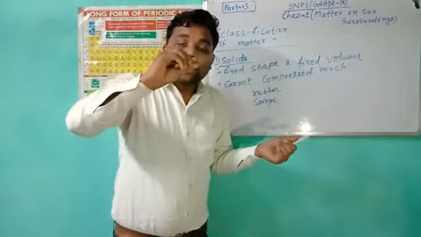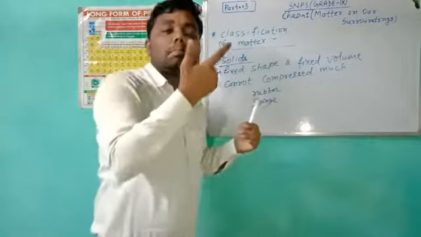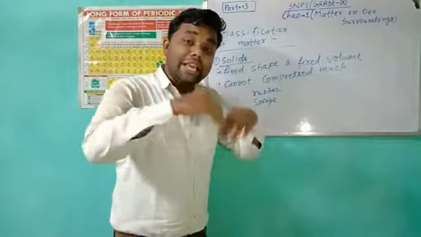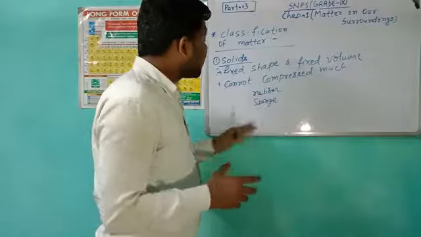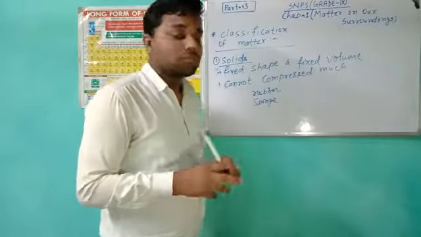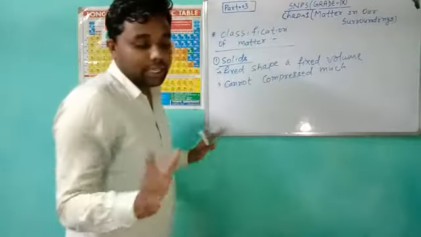When we release the force, after some seconds it gains the air again. So we can say that a sponge is also a solid. Just because of force, it can change its shape, nothing else.